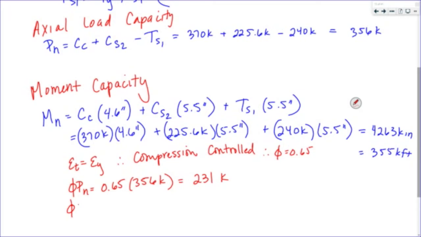My phi Mn, 0.65 times 355 kip feet, which should give you 231 kip feet for my Mn.